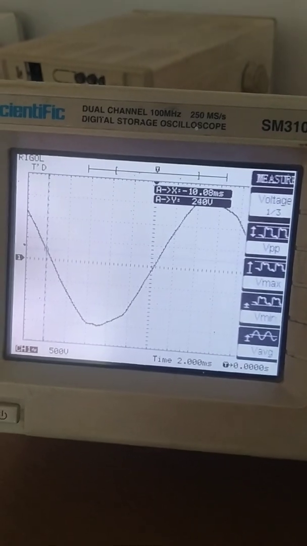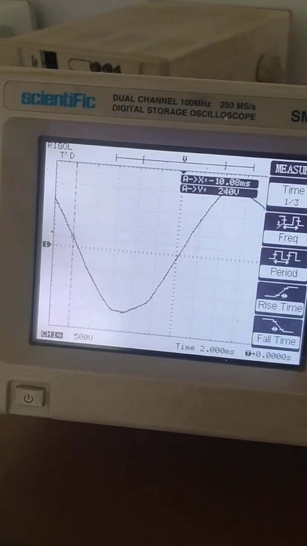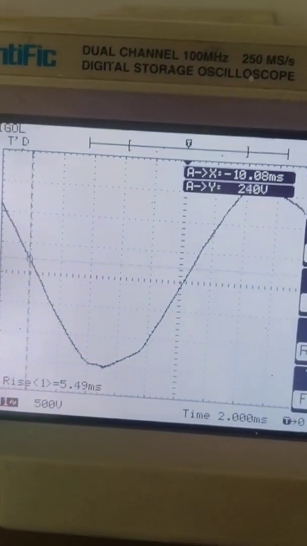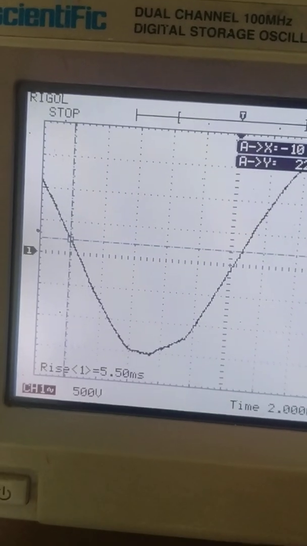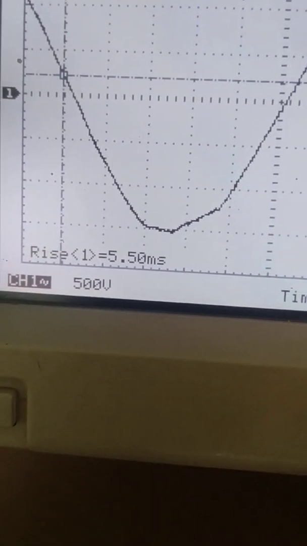By using DSO, we can measure the rise time for this circuit. So rise time is 5.5 millisecond.